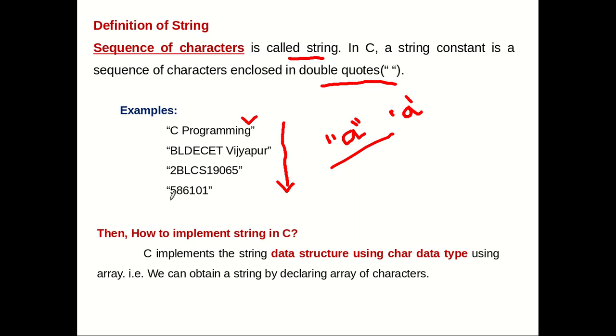This is actually a number, but since it is enclosed within double quotes, it is treated as a string. This one includes alphanumeric characters, but enclosed within double quotes, so this is also treated as a string. All these are examples of strings.